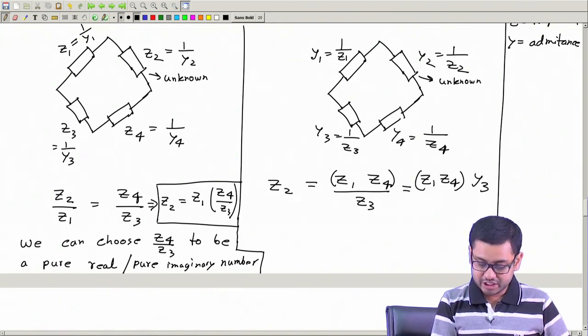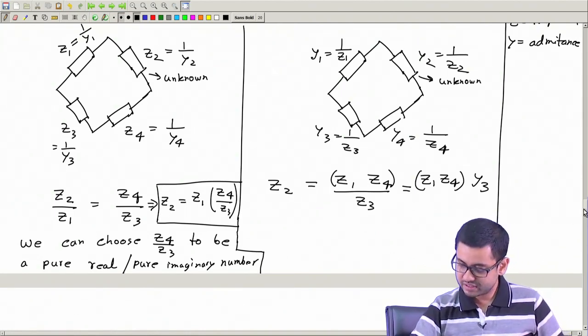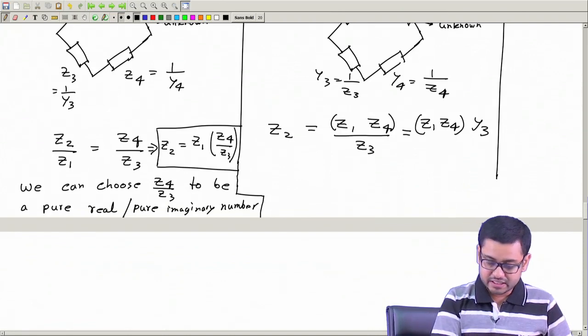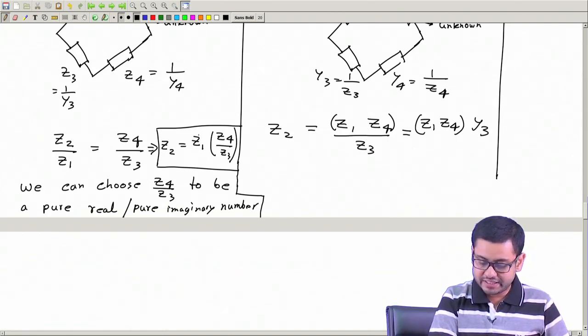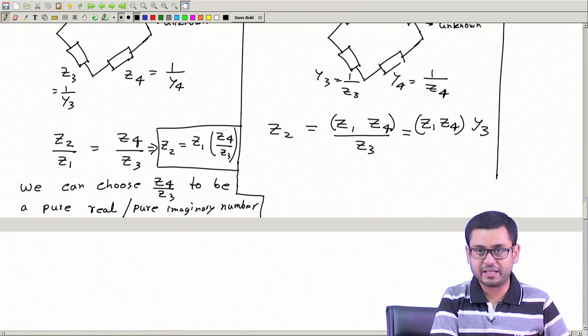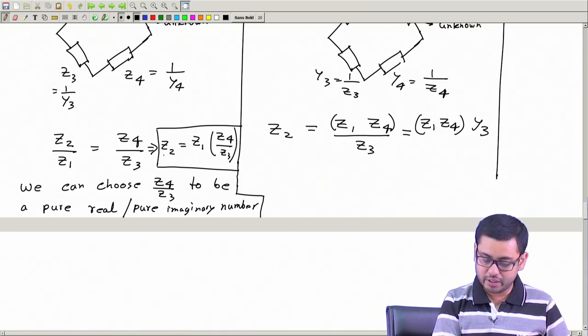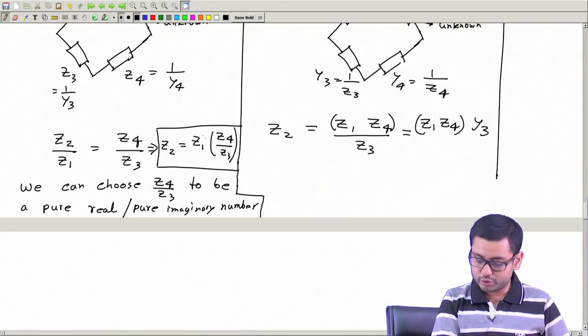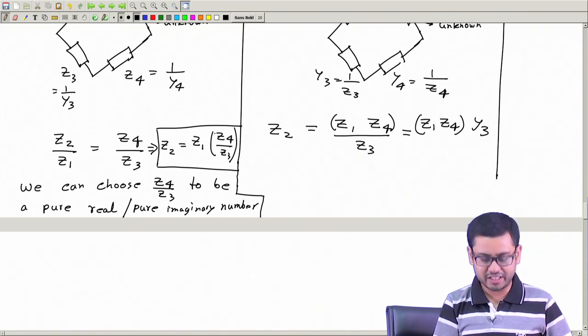Thus, we can equate the real part of Z2 with the real part of Z1 multiplied by this factor, and similarly the imaginary part of Z2 to the imaginary part of Z1 multiplied by this factor.